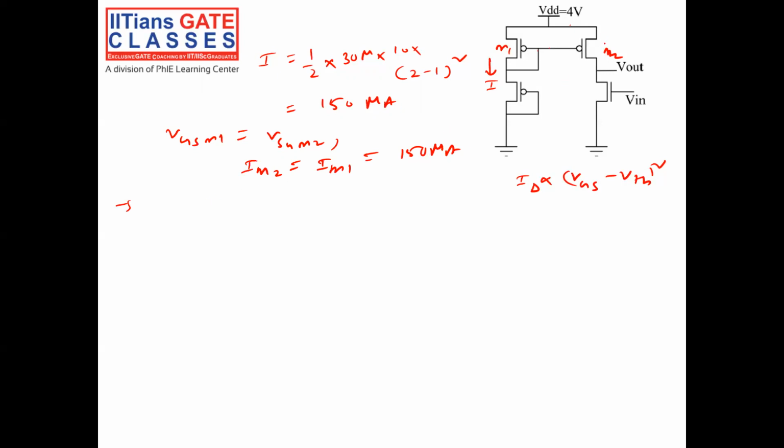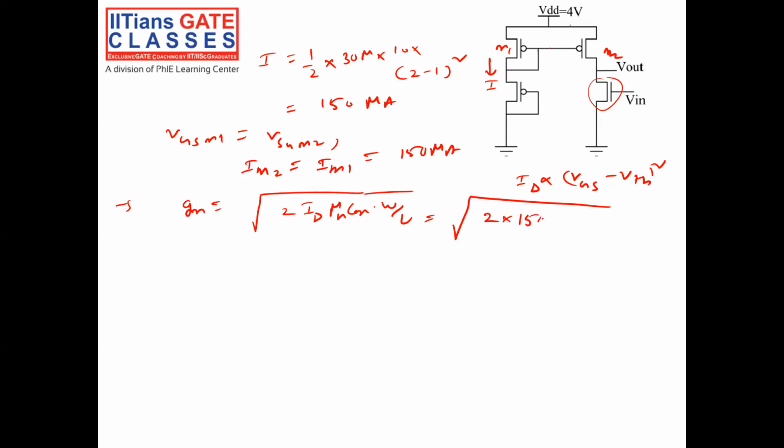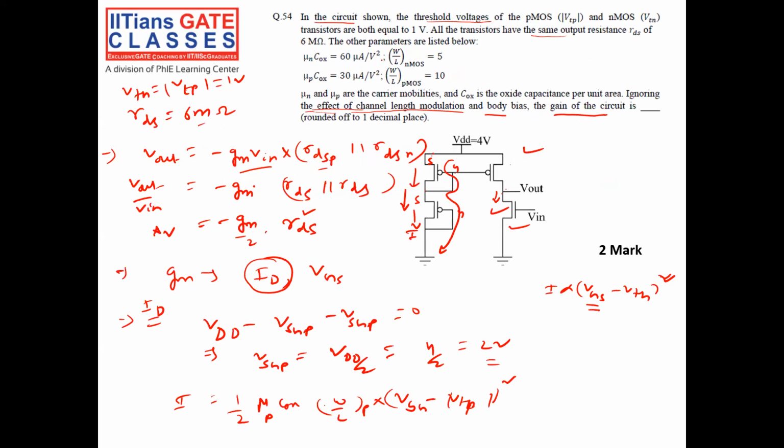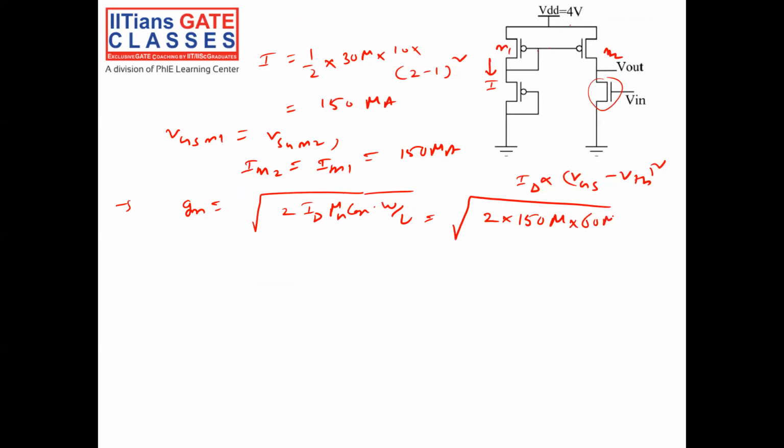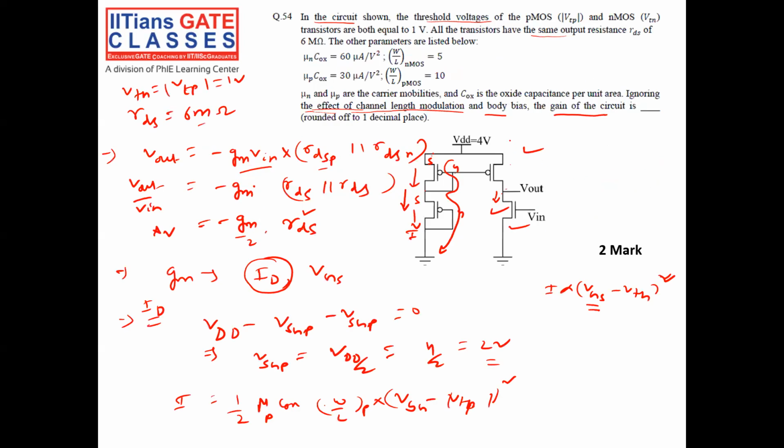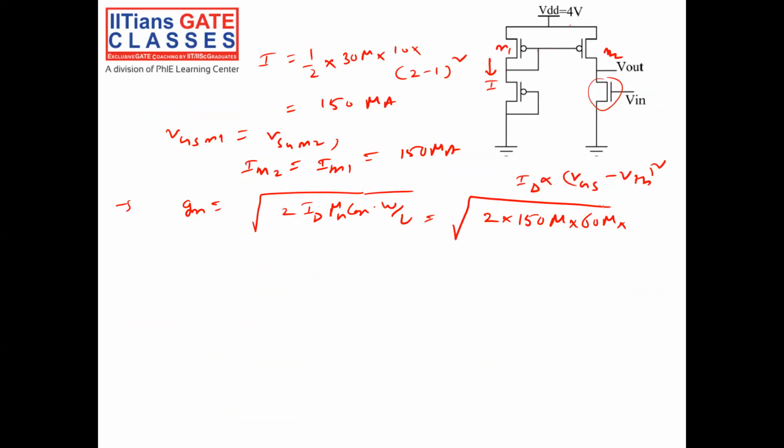Now, since the same current flows through my input transistor, the GM of the input transistor will be root over of 2 ID mu n Cox W by L, which is equal to root over of 2 into 150 micro into mu n Cox, which is 60 micro, into W by L, which is 5, into 5.